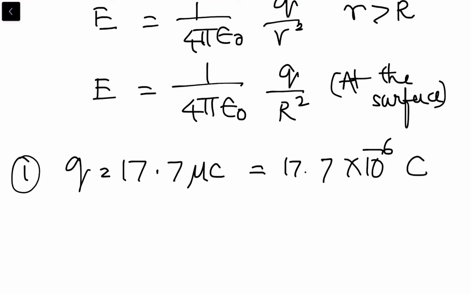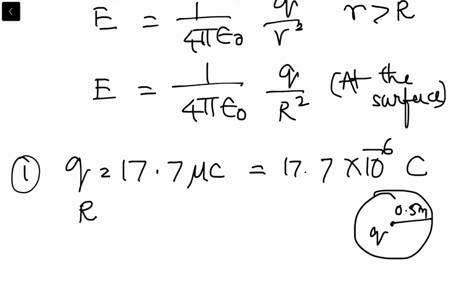And this charge is placed inside a hollow sphere. Hollow sphere means just like a ball shape. Inside, the charge Q is kept, and the radius of that is 0.5 meters. That means the radius of the spherical shell or sphere is 0.5 meters. Then what is the flux density?